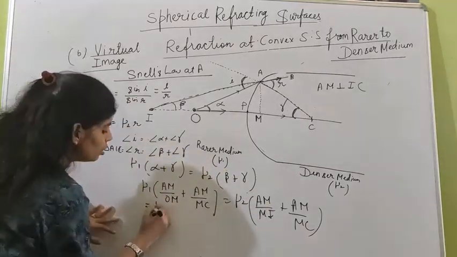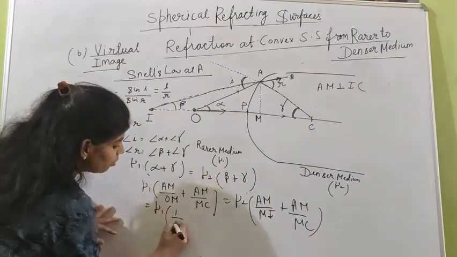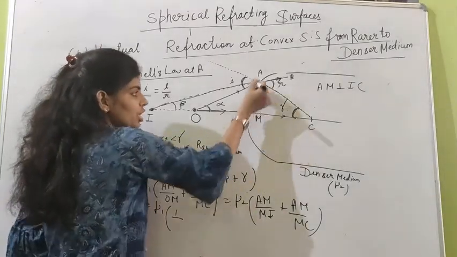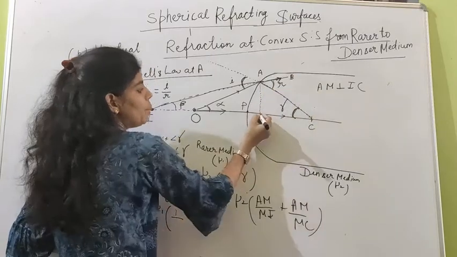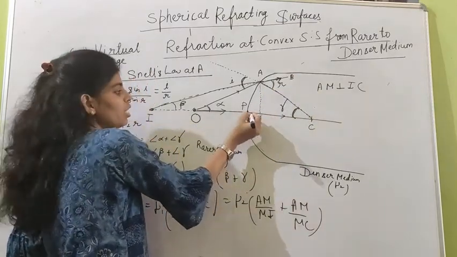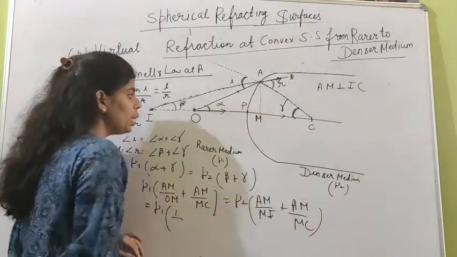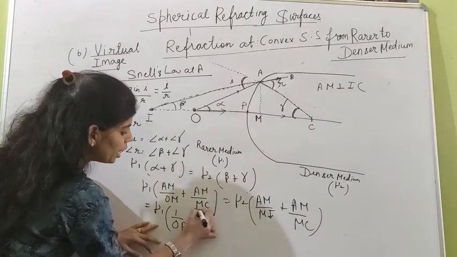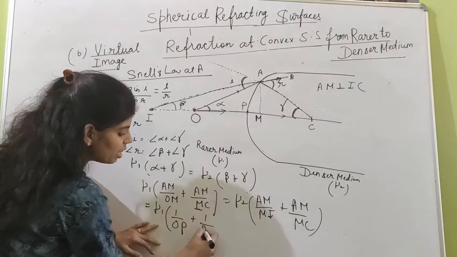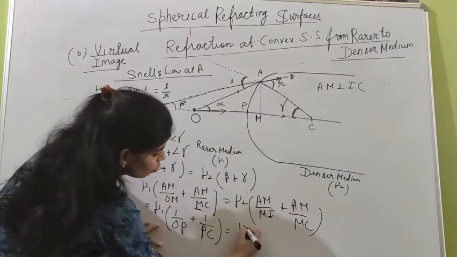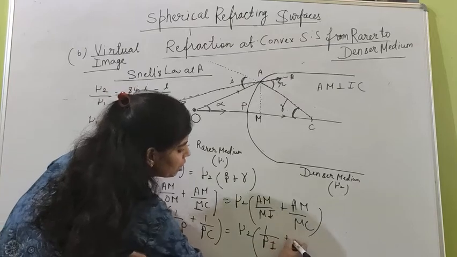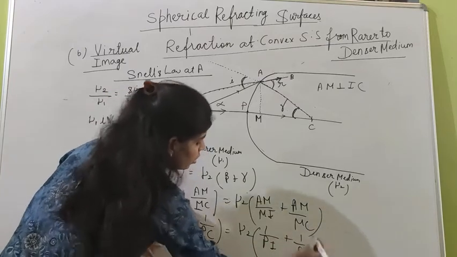So we are left with mu1 into 1 by OM. Because the curvature is very small and M is very close to P, we replace M by P. So it becomes OP, 1 by PC, and this is equal to mu2 into 1 by PI plus 1 by PC.